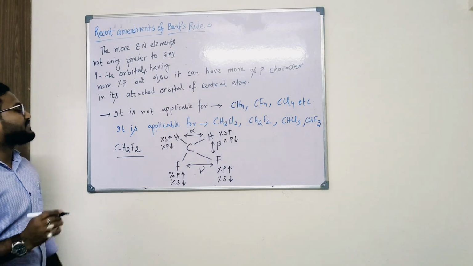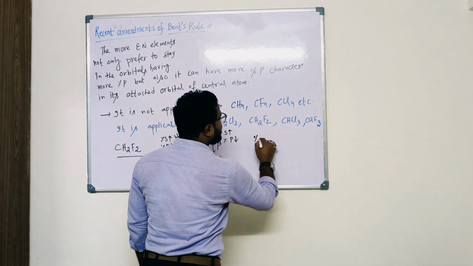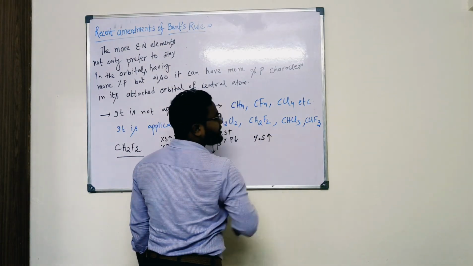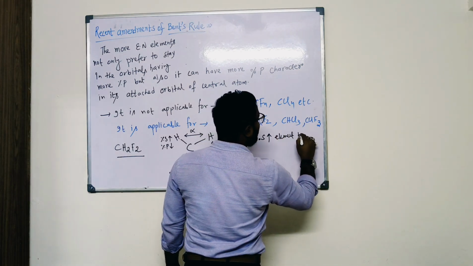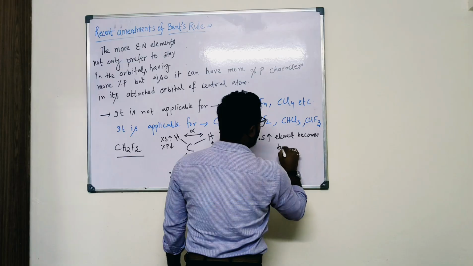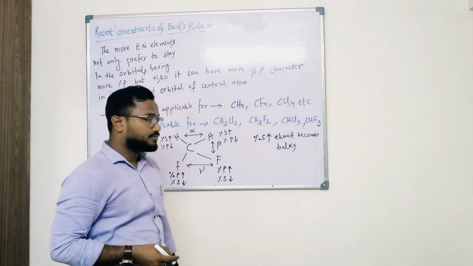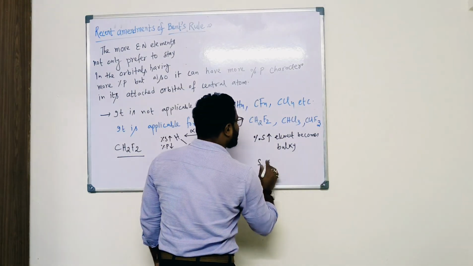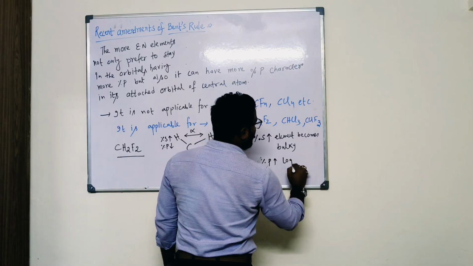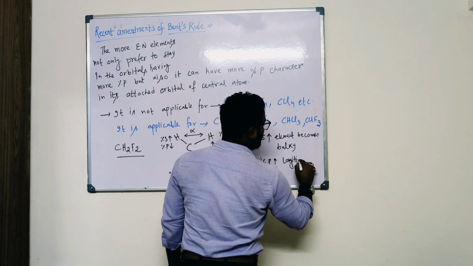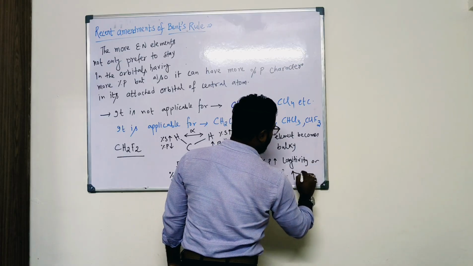So if this is happening, we know that whenever percent S character increases, any group or element becomes bulky, meaning size increases, or if percent P increases for a molecule, then the length increases.